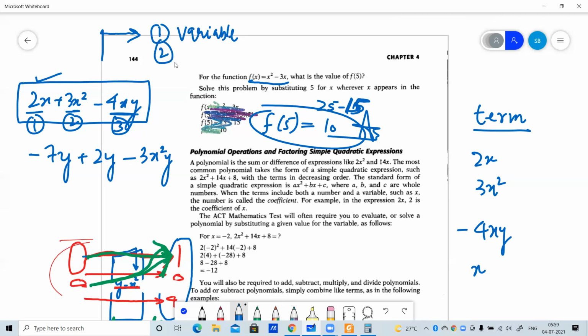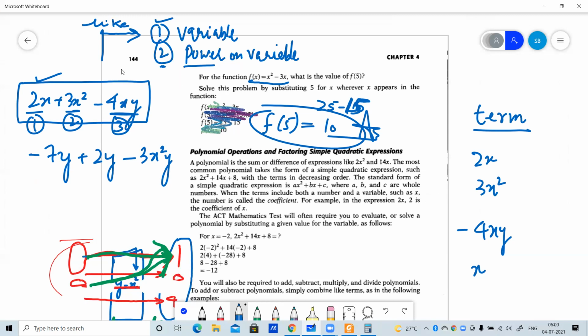And the second thing, the power on the variable has to be same. Two things. For terms to be like, they should have same variable, and the power on the variable should also be same.